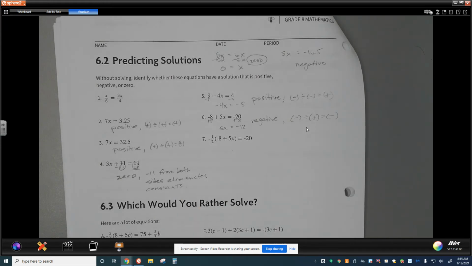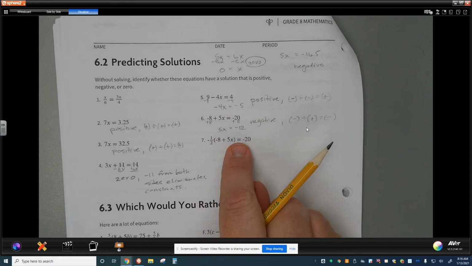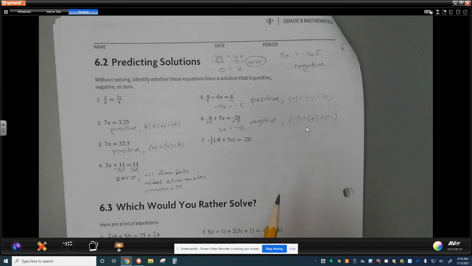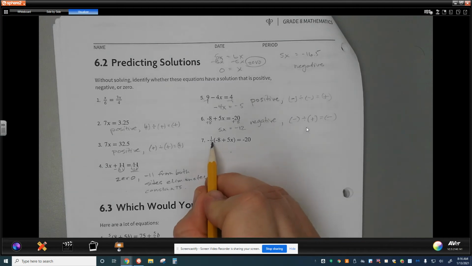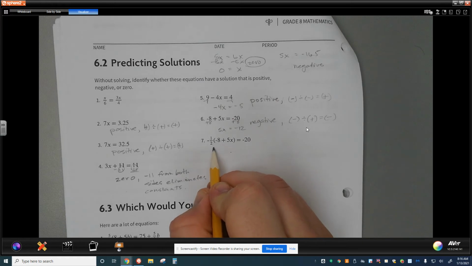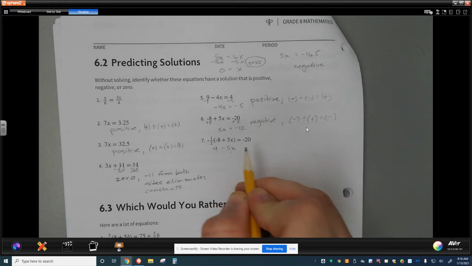Next one. Oh man, there's a fraction in this one. That's not very much fun. I want you to think about the nature of that fraction, because this right here is just the exact same equation as this one, only it's going to be multiplied by a negative half over here. What I would suggest is the very first thing would just be to simplify what's shown over here. A negative times a negative is a positive, and a negative times a positive is a negative.